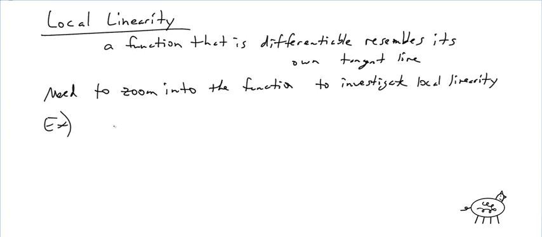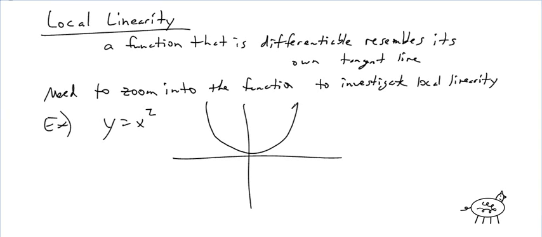My example, just to kind of start off here, y equals x squared. Now I want to ask you guys: is y equals x squared differentiable at every spot on that graph? Yes, actually it is. Okay, if I graph y equals x squared, that actually hits it right there.